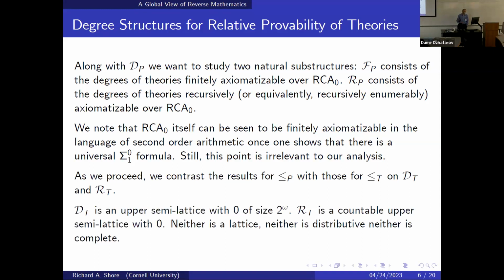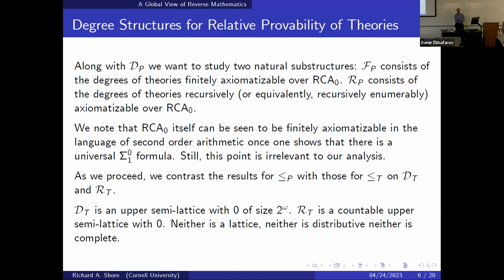So I'm going to go on contrasting the situation here with the one that developed in the Turing degrees over many decades. And I'm going to omit all the references because that would fill up the lecture. So the Turing degrees basically is a partial ordering, but it's an upper semi-lattice.